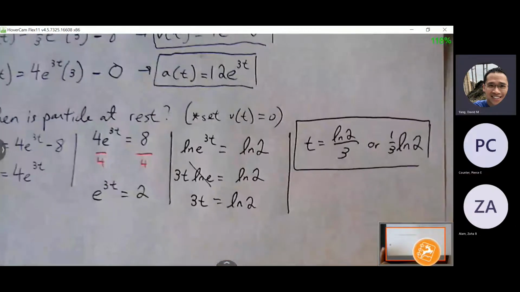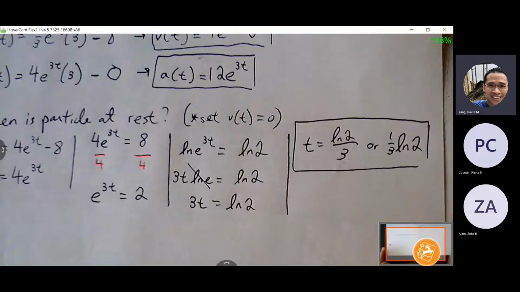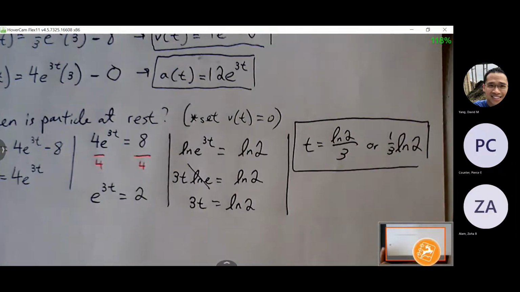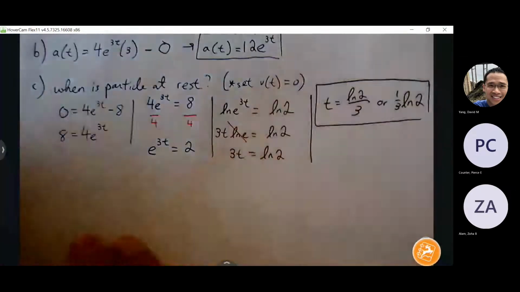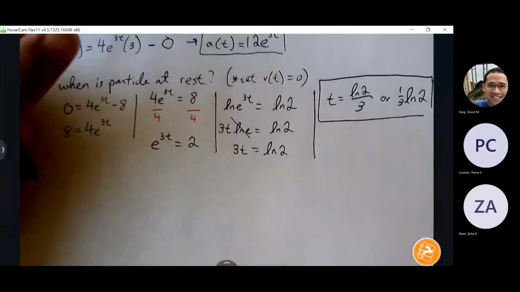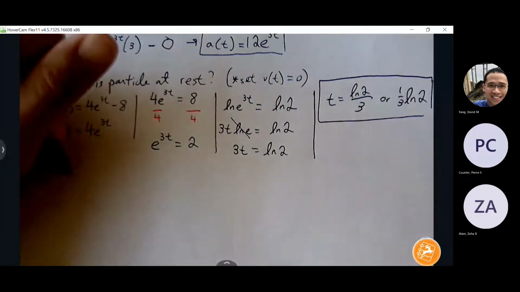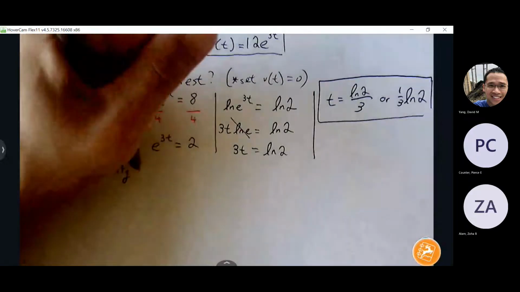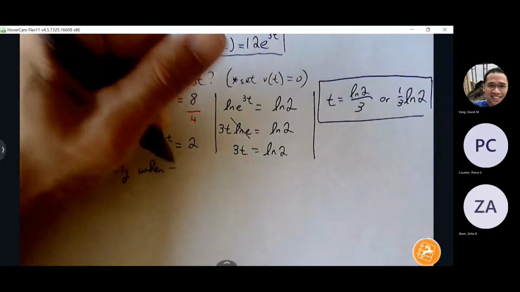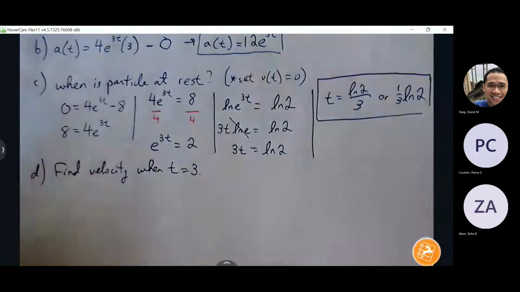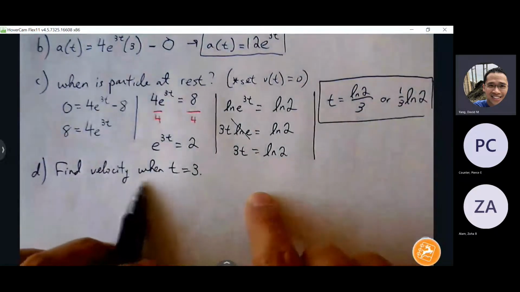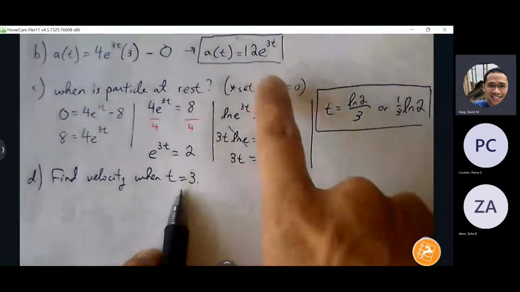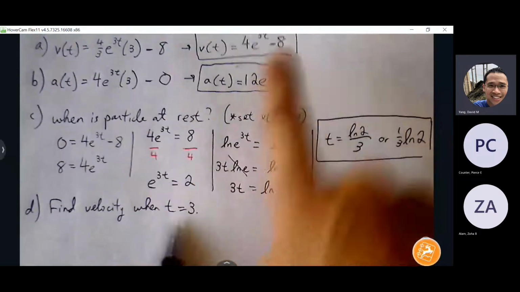You can either divide by 3 or push it out in front, call it 1/3. Okay, part C should be easy. Find velocity when t equals 3. Just insert 3 into the velocity function and find the velocity.